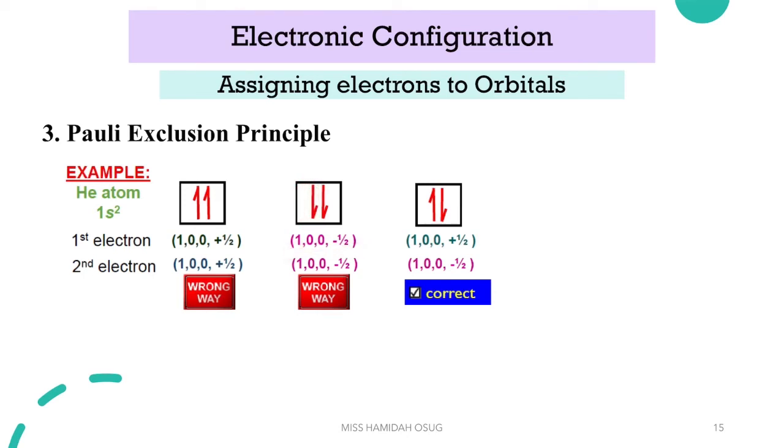So the first and the second electron will have the same set of quantum numbers, which will disobey the Pauli exclusion principle. And the third is the correct way to write the electrons in the orbital. It must be written in opposite spin so that the first and the second electron will have different sets of quantum numbers.